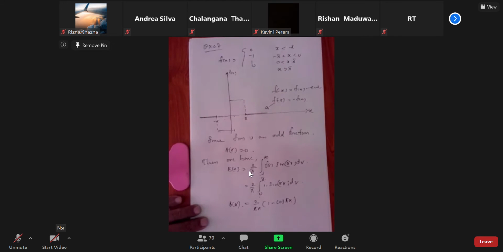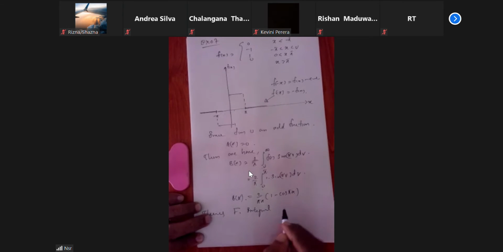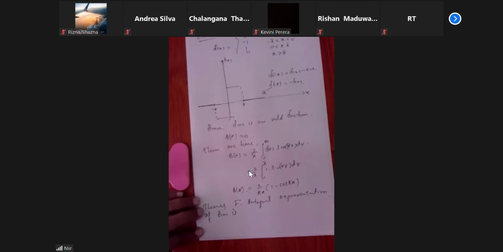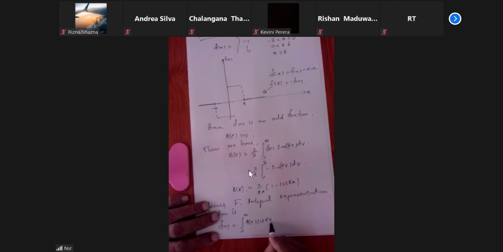Then you need to find the Fourier integral representation. Write down therefore the Fourier integral representation of f(x) is f(x) equals integral 0 to infinity, A(alpha) cos alpha x plus B(alpha) sin alpha x, d alpha.